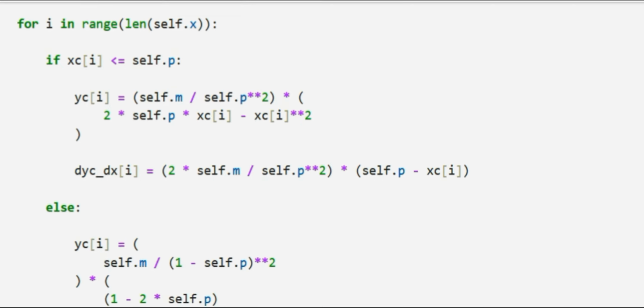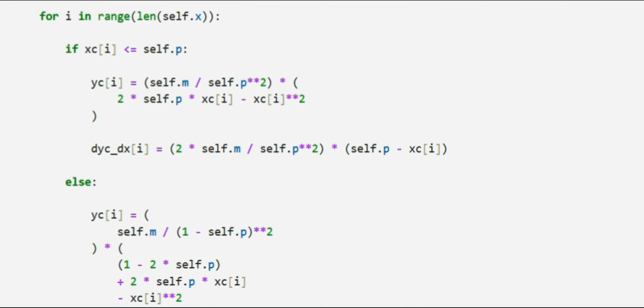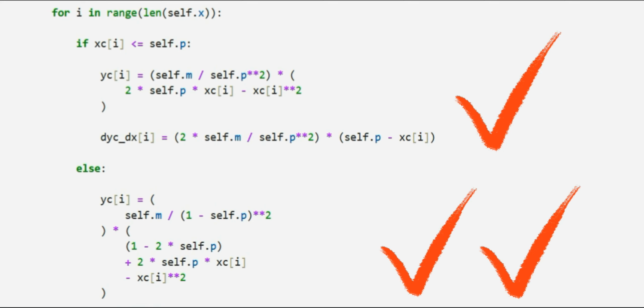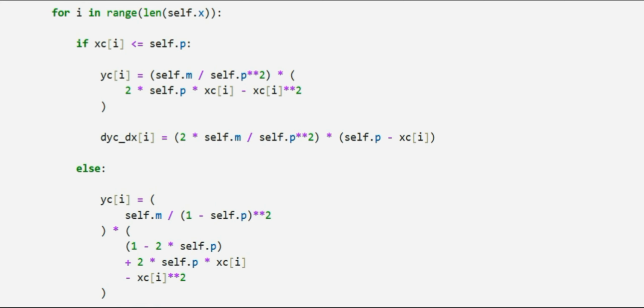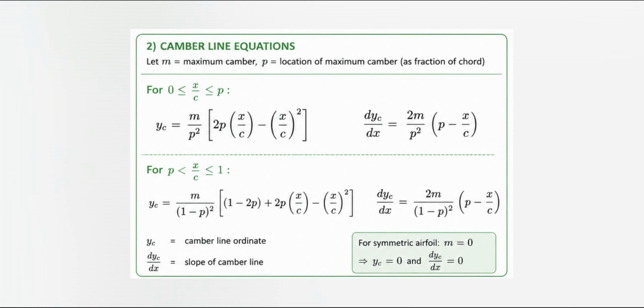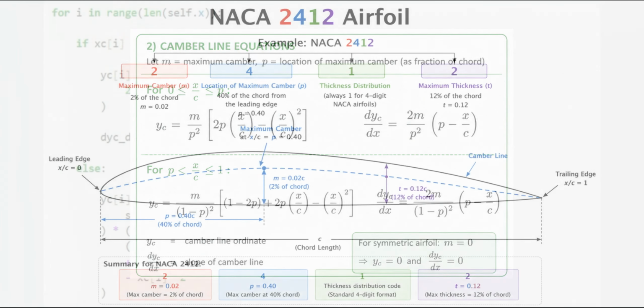For a cambered NACA 4-digit airfoil, the camber line is defined using two separate equations. The first equation is used from the leading edge to the maximum camber location. The second equation is used from the maximum camber location to the trailing edge. The parameter m represents the maximum camber, while p represents its location along the chord.